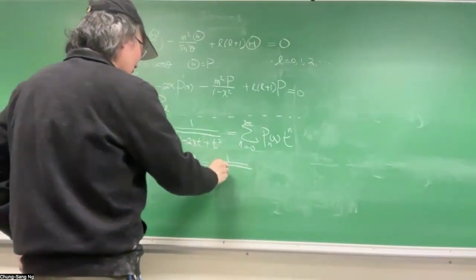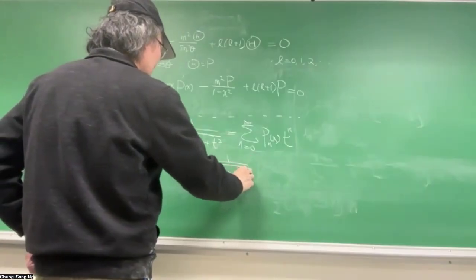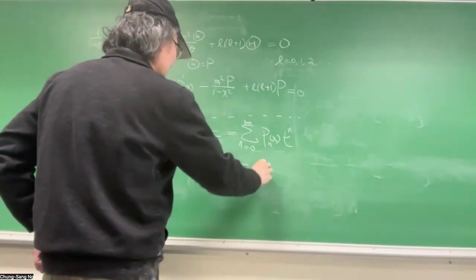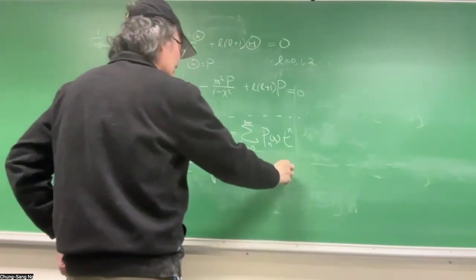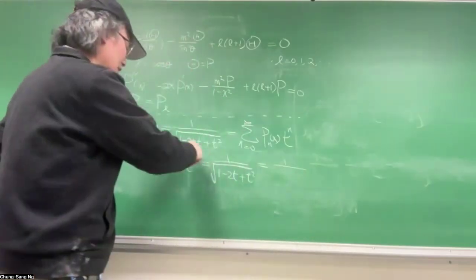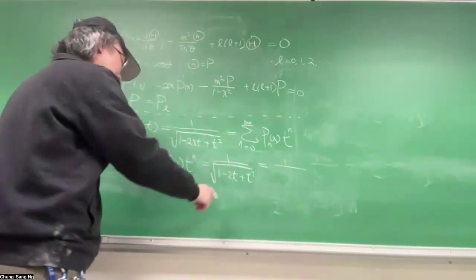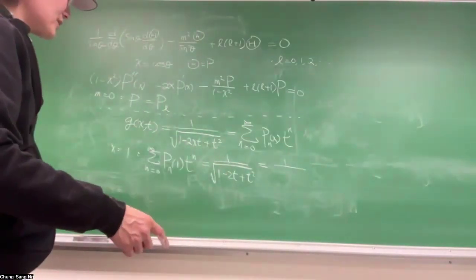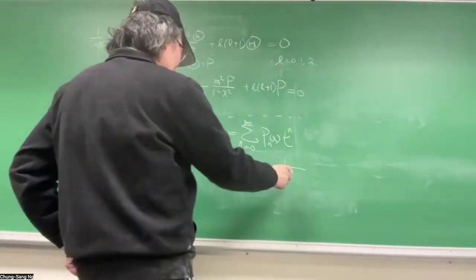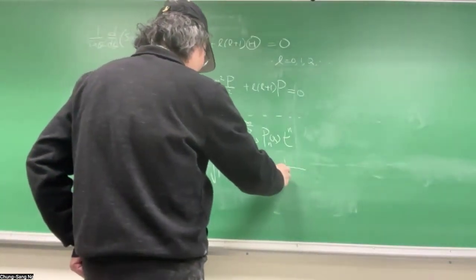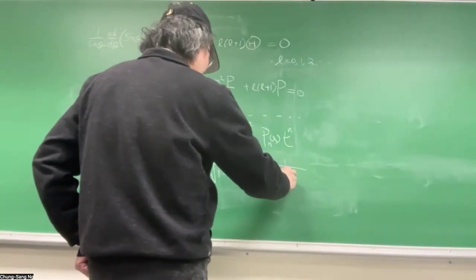So x is 1, giving 1 minus 2t plus t squared, considering that t is less than or equal to 1. When t equals 1 it is singular, but we assume we can still do that.